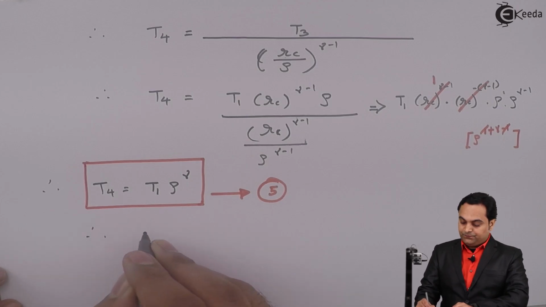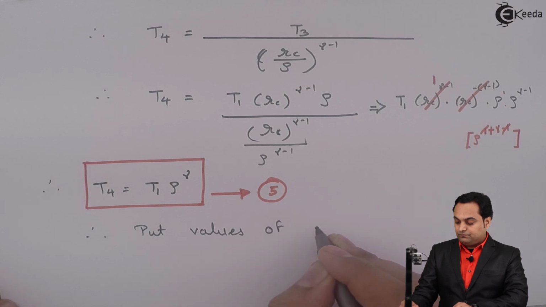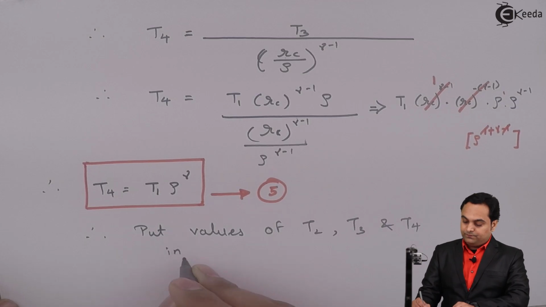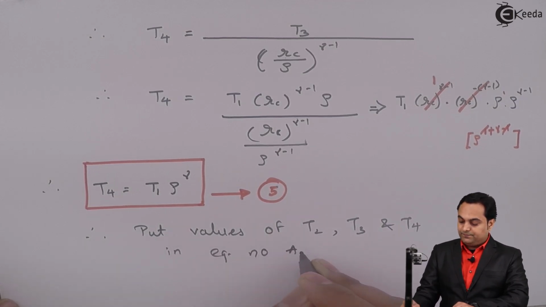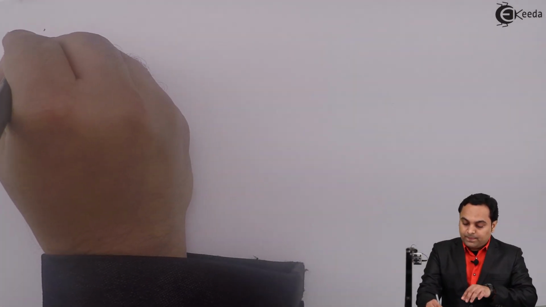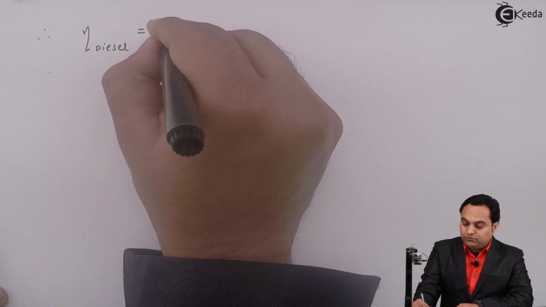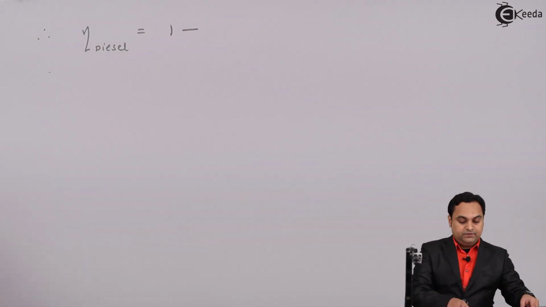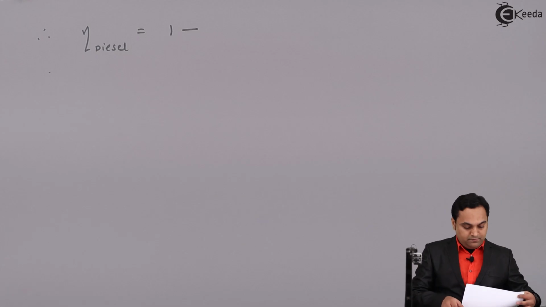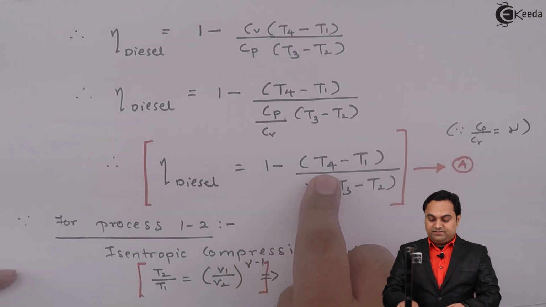So therefore put values of T2, T3 and T4 in equation number A. So it will become, therefore efficiency of diesel cycle will be equal to 1 minus, now in equation A it was 1 minus T4 minus T1.